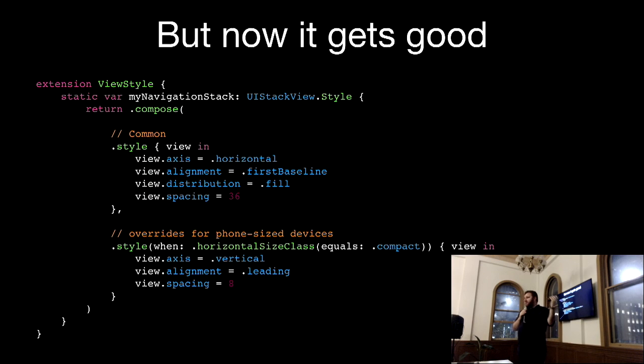But the other part was that it's composable. There's a static func called compose, and it just takes a variadic of the different styles. So again, my usual pattern for this has been a common set of base styles, and then any overrides that I have for different device classes or venues or whatever the case might be.